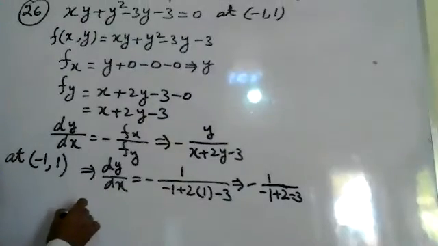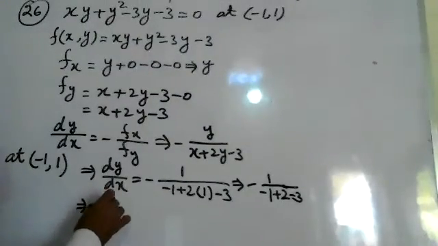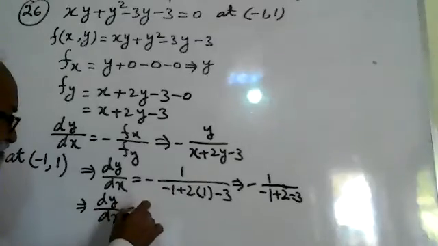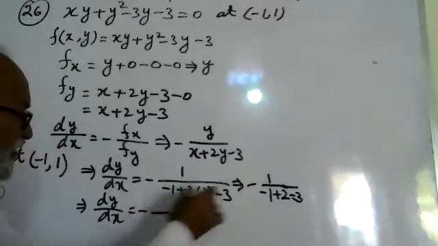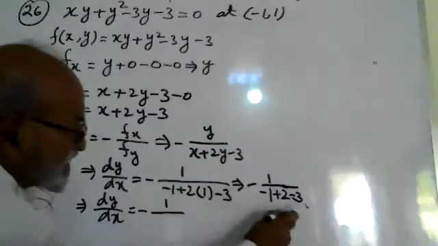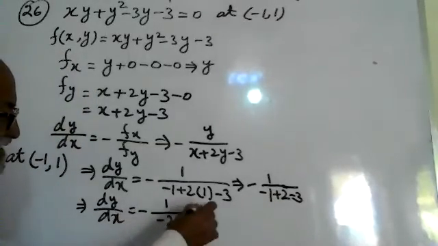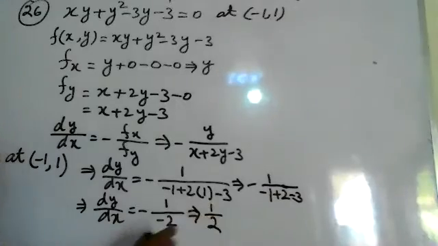So dy upon dx will become minus 1 upon minus 4 plus 2, which is minus 2. Minus minus will cancel. Final answer is 1/2.